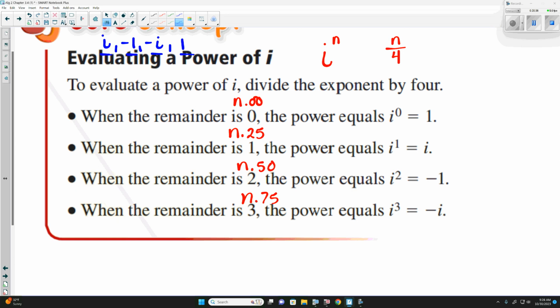Now, the n is just a number, because it could be 4.25. We really care about the decimal. We don't care about the number in front. The number in front is just telling us how many times through this cycle of 4 we went. It doesn't make any difference.